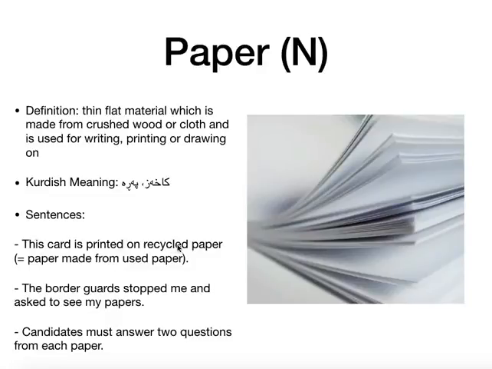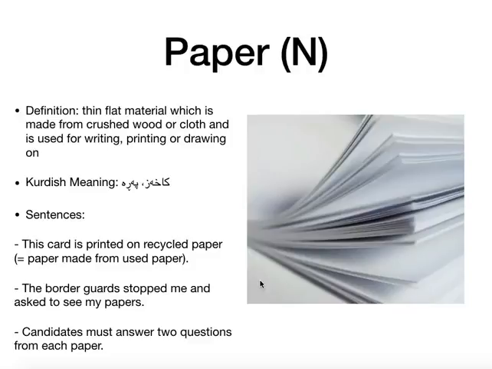This card is printed on recycled paper. So recycled paper is paper made from used paper. So when someone, for example, has a notebook of notes and they're done and they don't need it anymore, that paper can be recycled and can be used again to create more new paper.